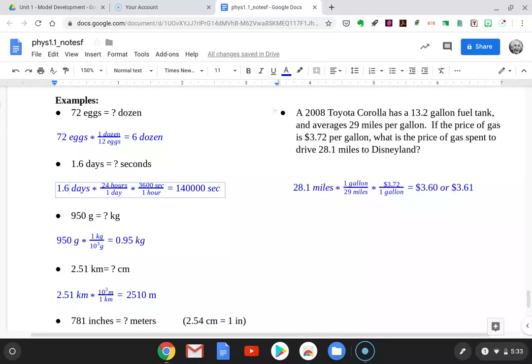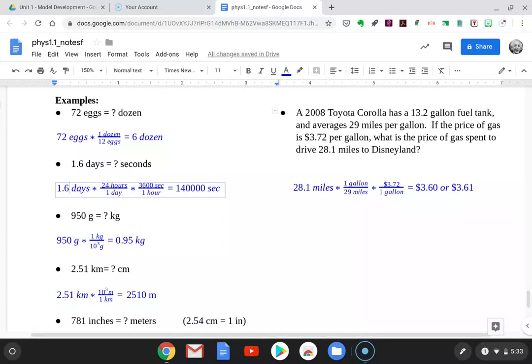I know that equivalent statement: 1 day is equal to 24 hours. I've got the days on the bottom, hours on the top. I'm still not there yet. I want to be in seconds. So I know that 1 hour is 3,600 seconds, and I'm able to use that as an equivalent statement. And I just multiply 1.6 times 24 times 3,600, and I'm going to end up with my answer.